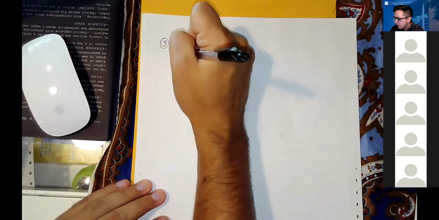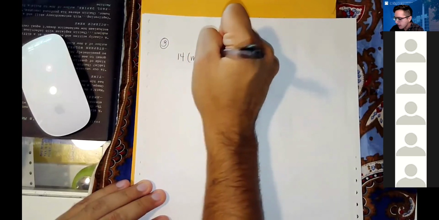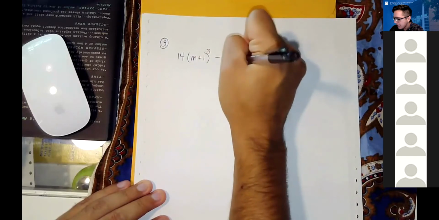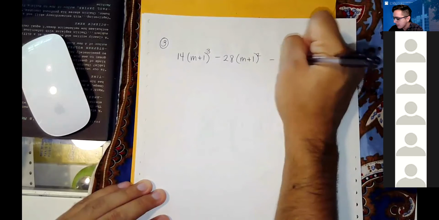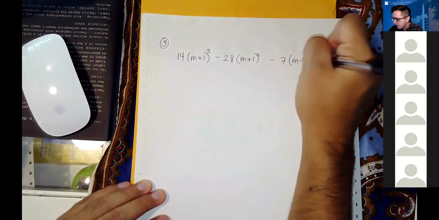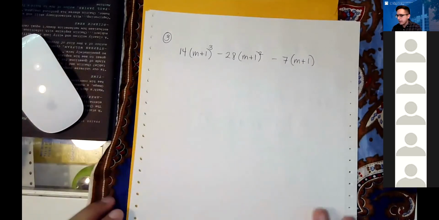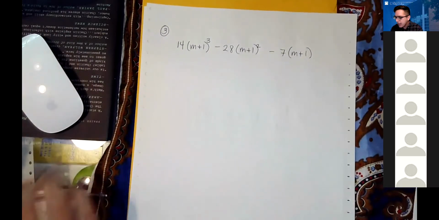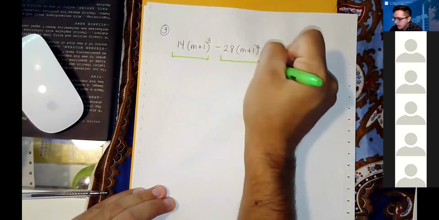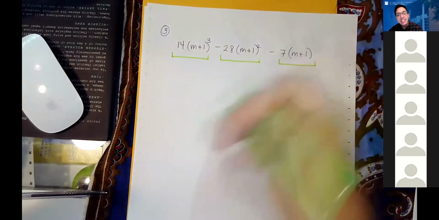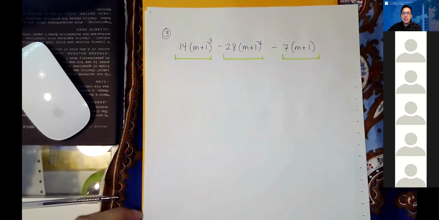3, I gave you 14 times (m plus 1) to the third power minus 28 times (m plus 1) to the second power minus 7 times (m plus 1). Okay. So here I need to be thinking about, I have this term, and this term. Within the terms, they're made up of factors or numbers that are being multiplied by each other.